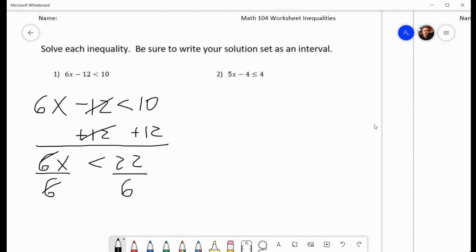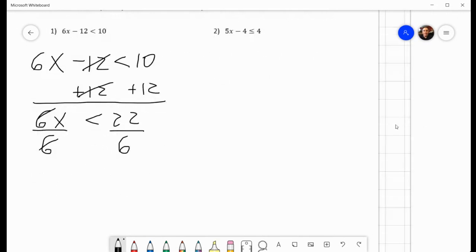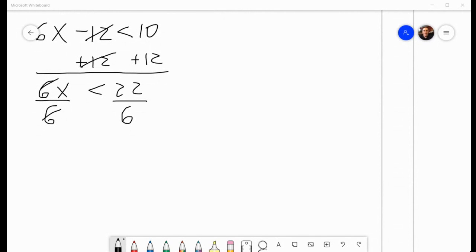There we go. So what we get then is x is smaller than 22 divided by 6, okay?